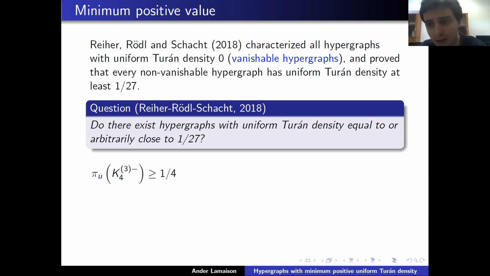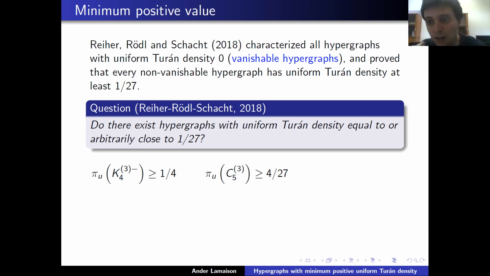And we already saw in the Rödl-Schacht construction that it has uniform Turán density at least 1/4. Well, then let's go to 5 vertices. On 5 vertices, there's also one minimal non-vanishable hypergraph, which is the 5 cycle. And there is a construction for a quasi-random hypergraph with density 4/27, which misses it.